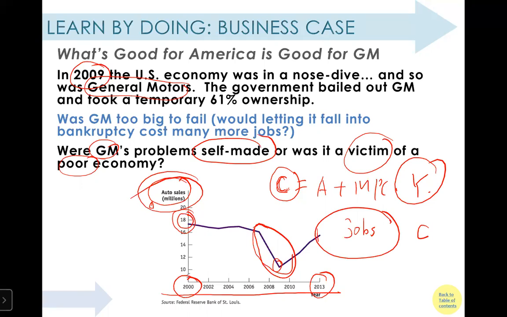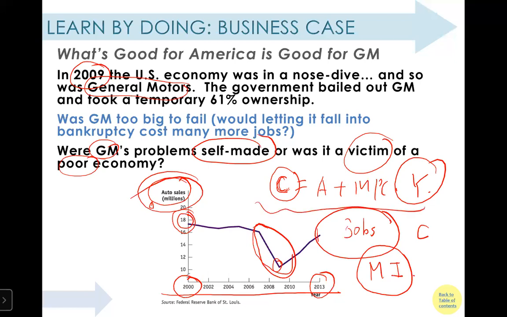Okay, after GM was bailed out, the recovery in Michigan, where the GM factory was located, was stronger. Their unemployment decline is more significant compared to the rest of the country. This largely reflects this demand effect, right?